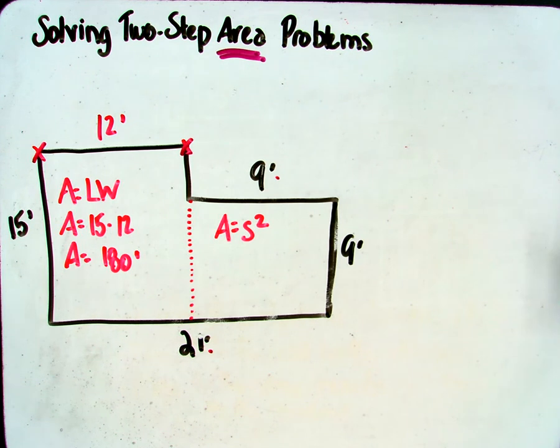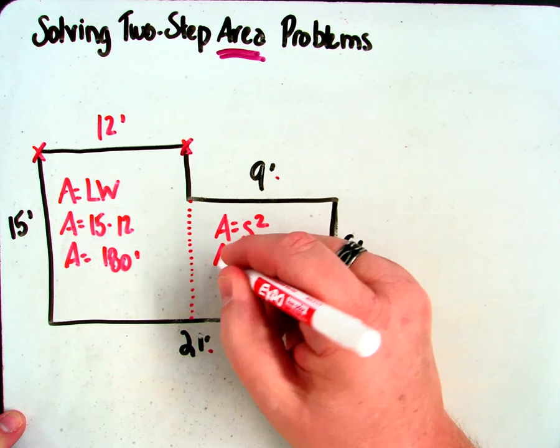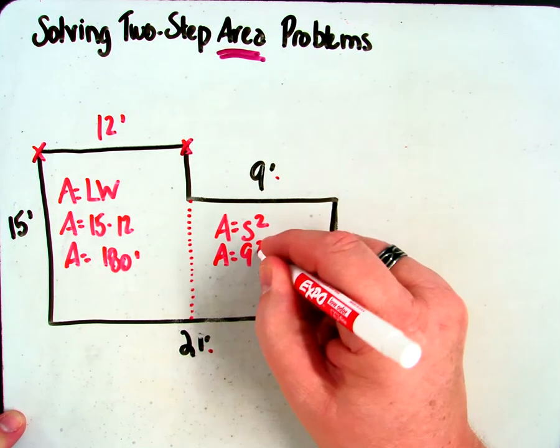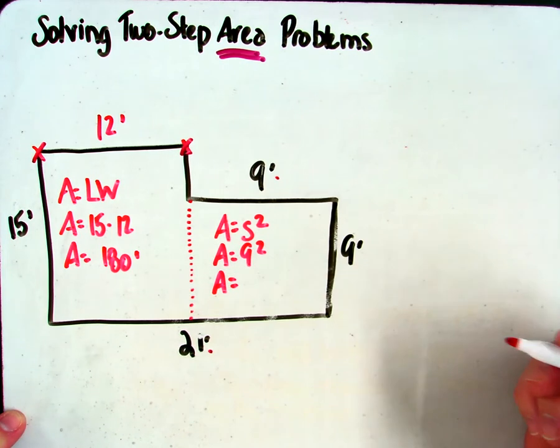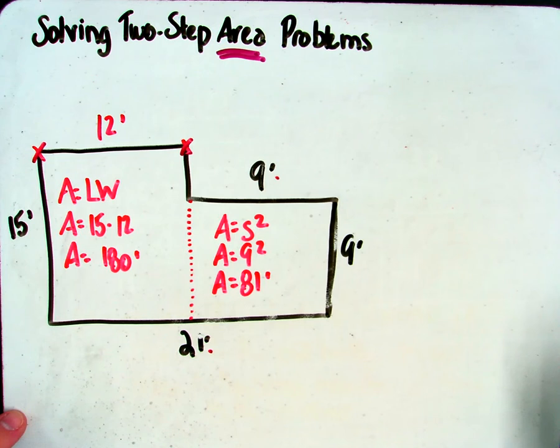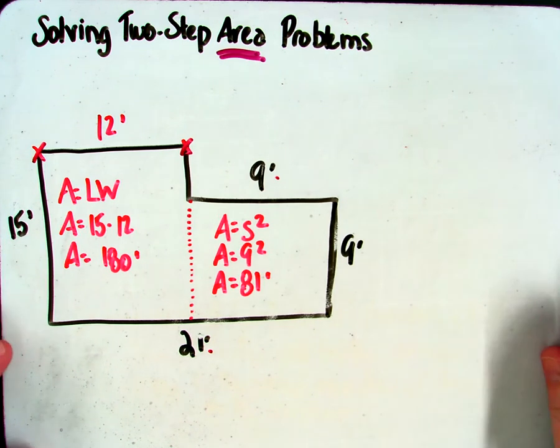Now let's look at our square. What is the measurement of a side? 9. And what is 9 squared? No, it's 180.